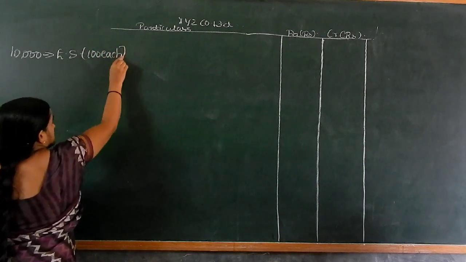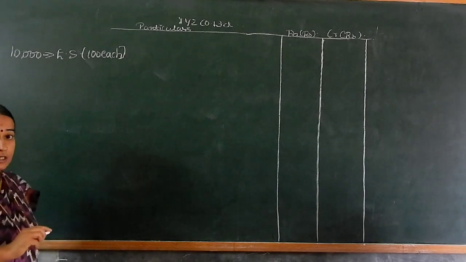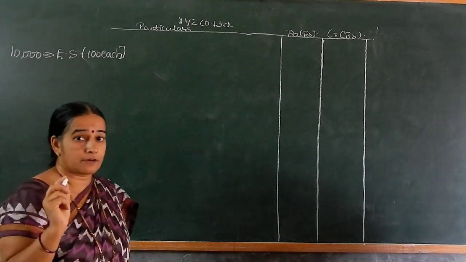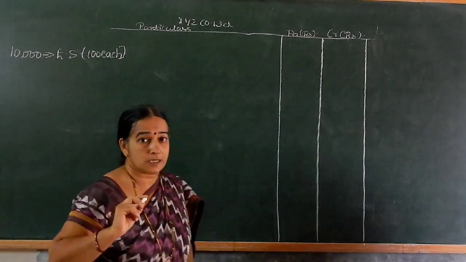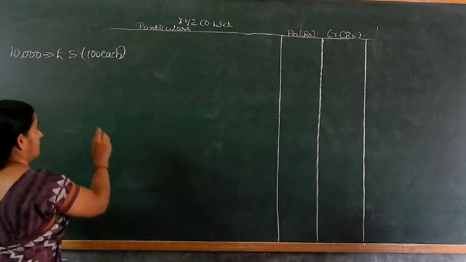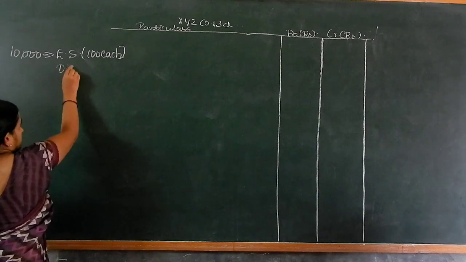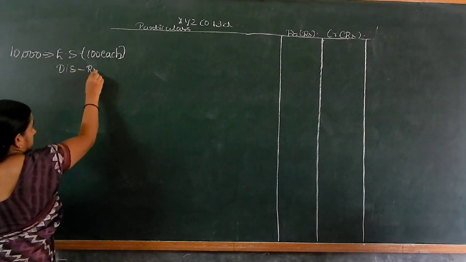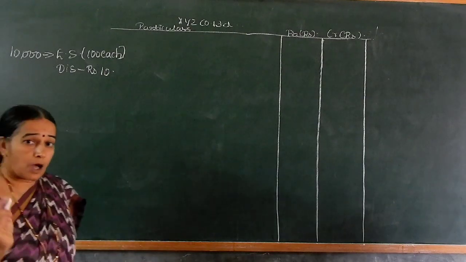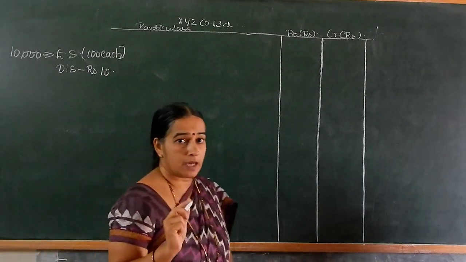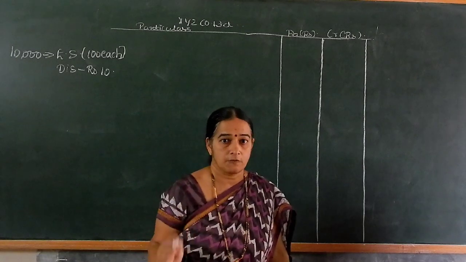So 10,000 equity shares of rupees 100 each at a discount of rupees 10. The amount was payable as follows.